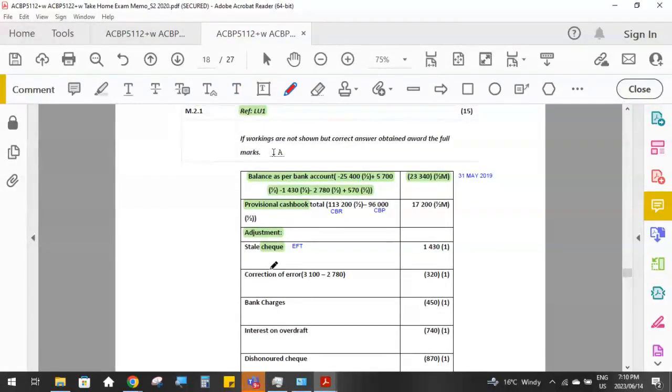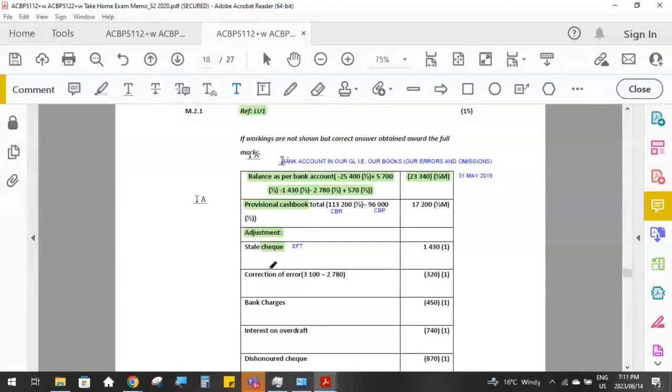Okay, so let's just write at the top of this: this is the bank account in our general ledger, i.e., this is our books. So these must be our errors and omissions that we are correcting.